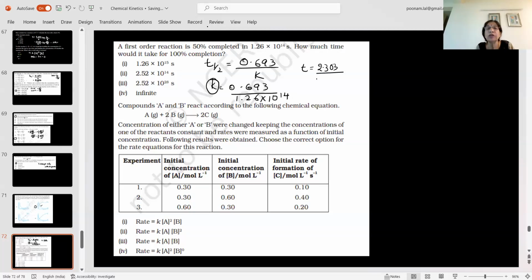So the rate constant will be 0.693 divided by 1.26 into 10 raised to 14, which is 0.55 divided by 10 raised to 14.